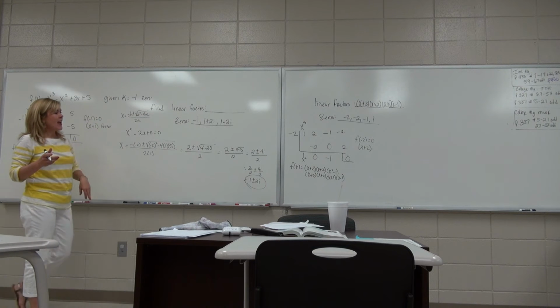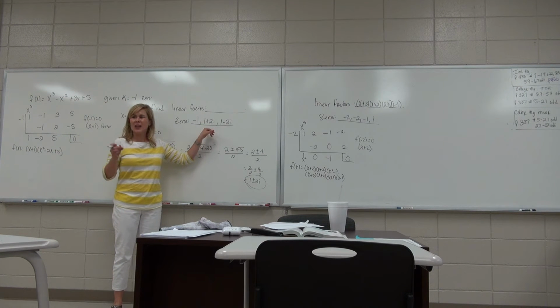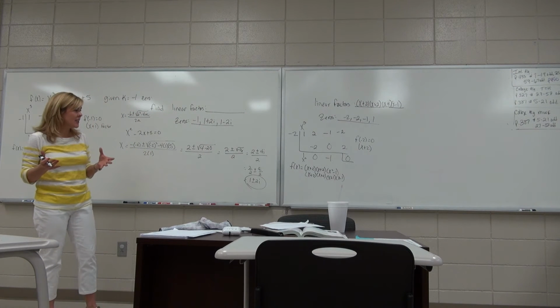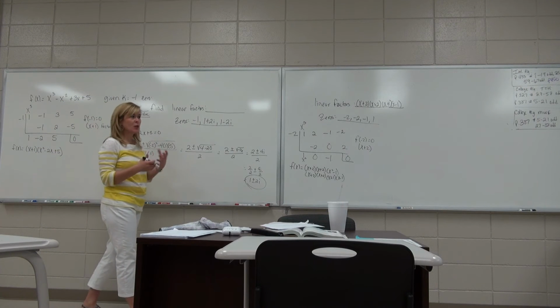Well, before I come back to factors, let's look at this. What do we call these in complex numbers when you have exactly the same things but the signs are different? Something with a C? Conjugates. These are called conjugates of each other. And one thing about complex zeros is anytime you have a complex zero, you're always going to have the conjugate be a zero too.